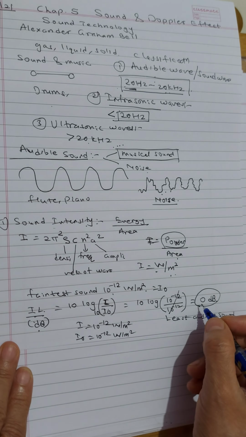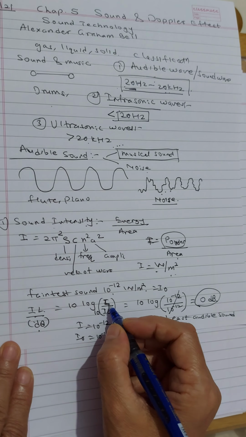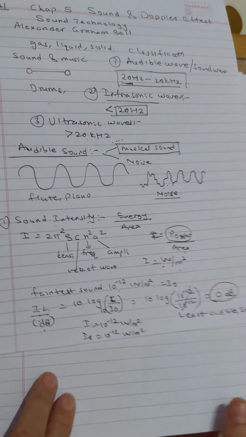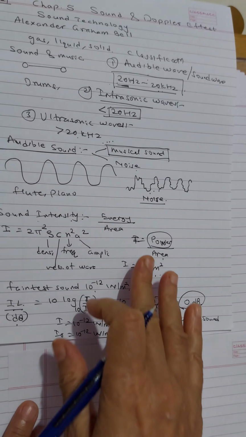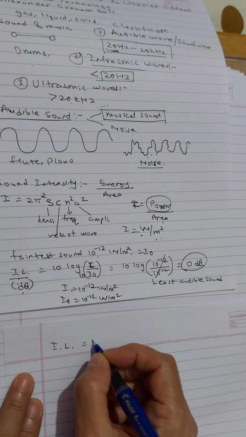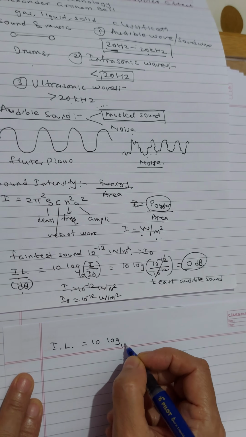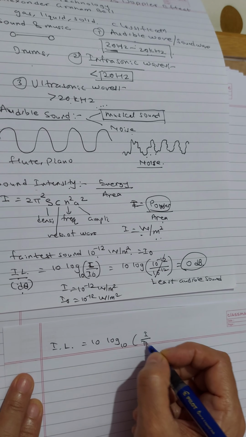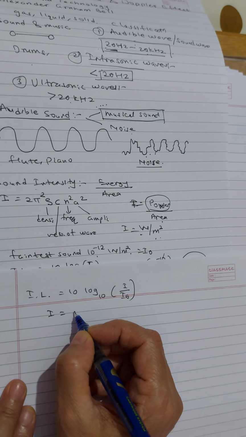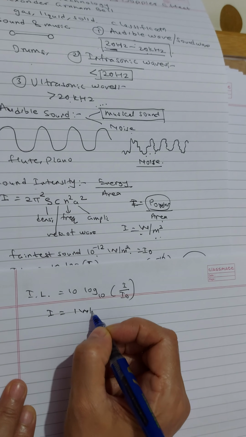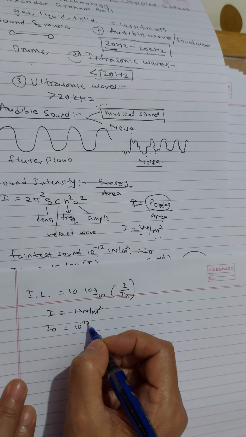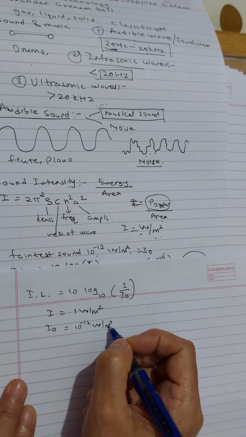But if I change the value of I by a little amount, suppose I want to find the intensity level. The formula is 10 log to the base 10 of I by I0. Now suppose I is 1 watt per meter square and I0 is fixed at 10^-12 watts per meter square.